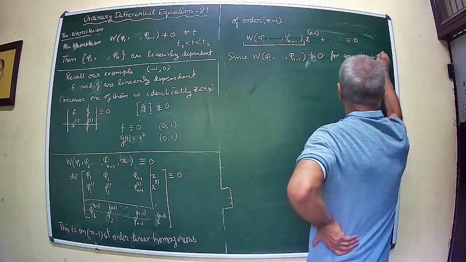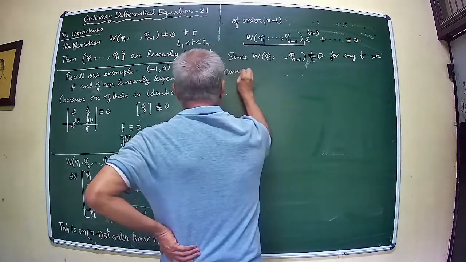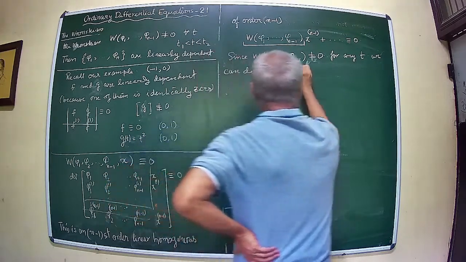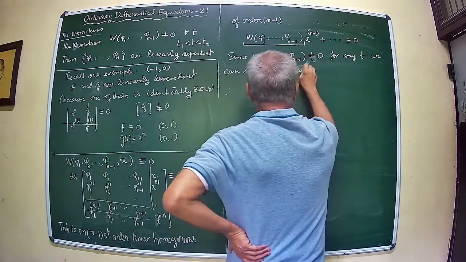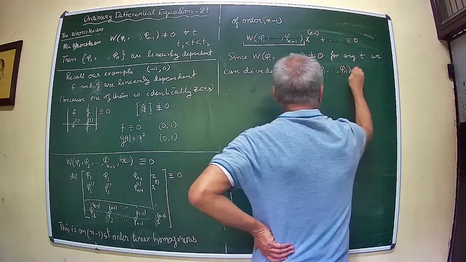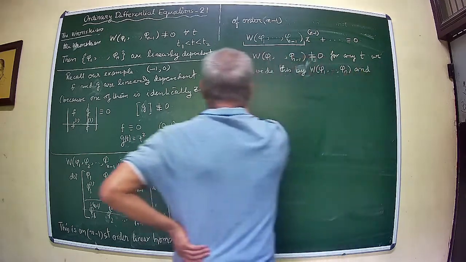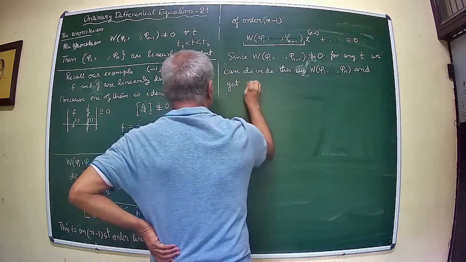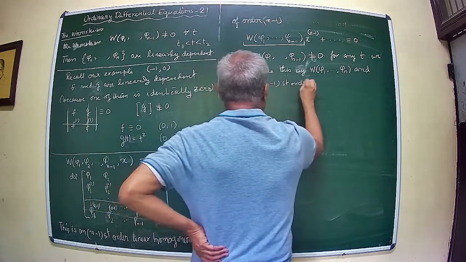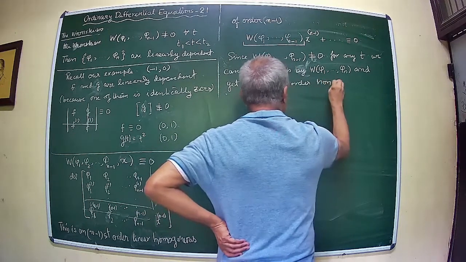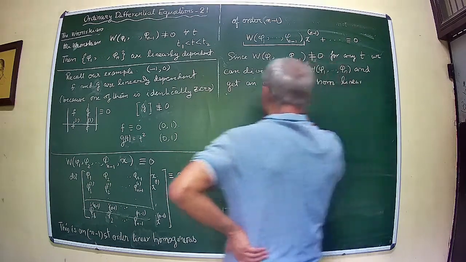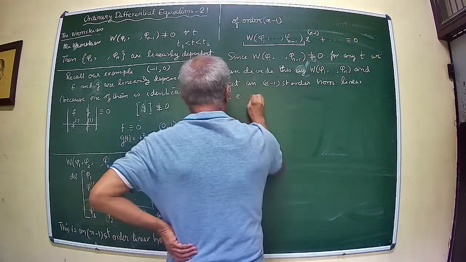You can divide by this and get a differential equation which is normalized.